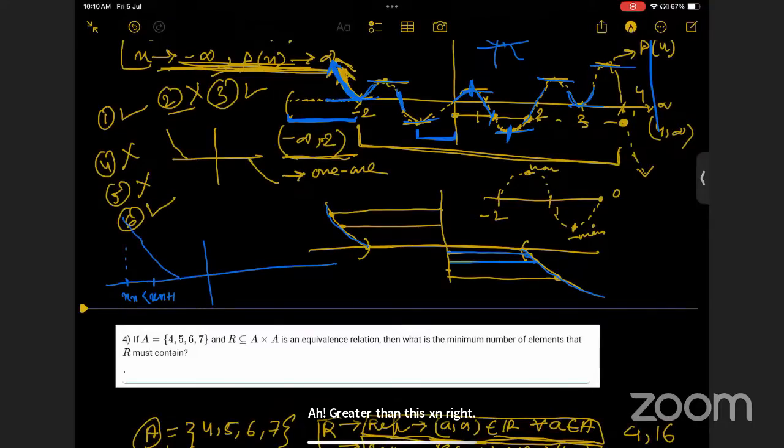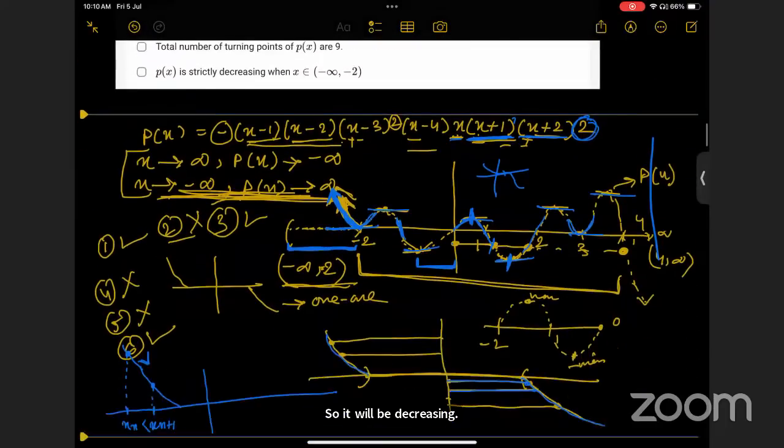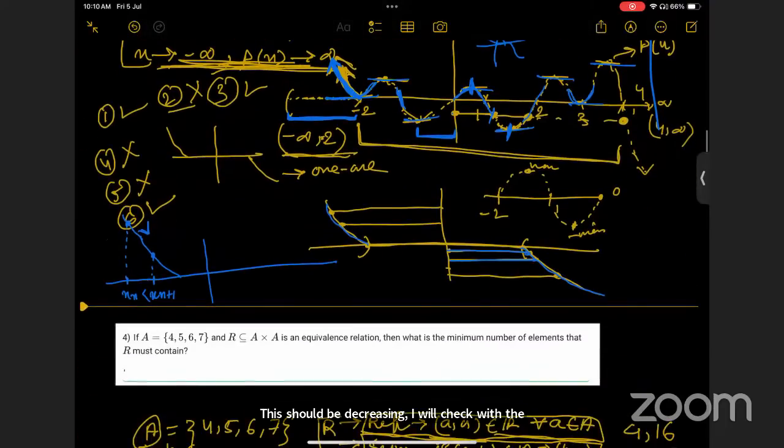Yes. But if you look at the functional value, this value is less than that value. The inequality is reversed here, right? Yes, ma'am. So it will be decreasing. It should be decreasing. I will check with the answers again so that we can update the answer.